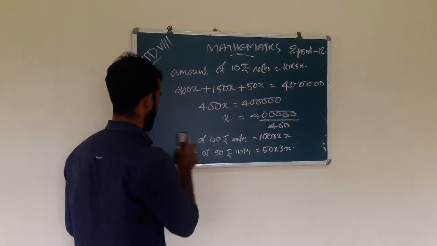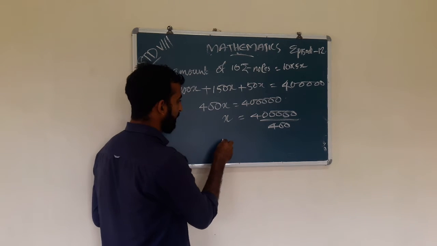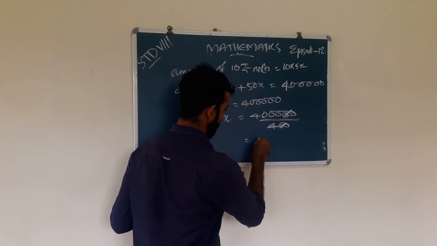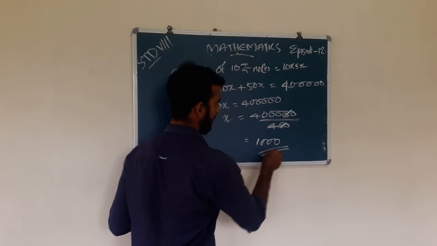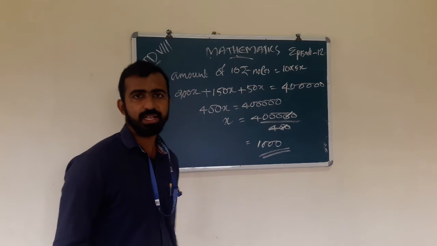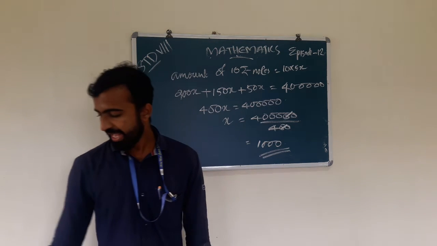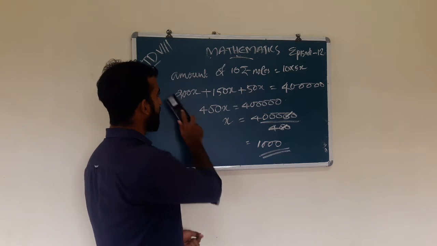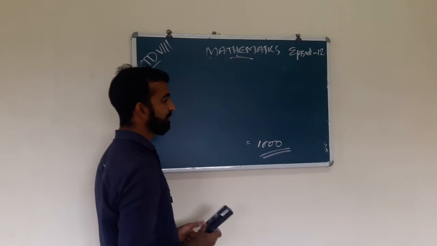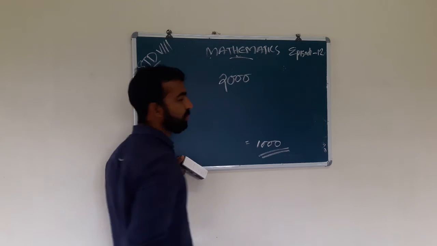That is 1000. We took x as the number of notes, so x is 1000. The number of 100 rupee notes is 2x, that is 2 into 1000, we get 2000.